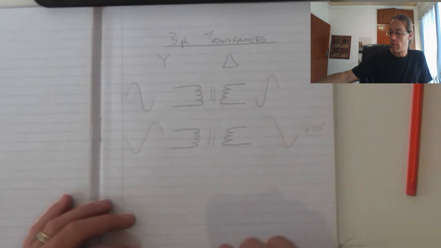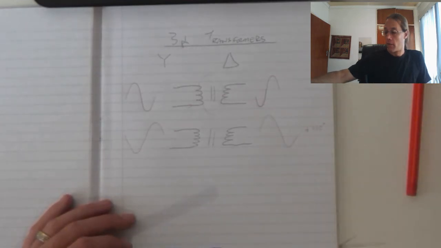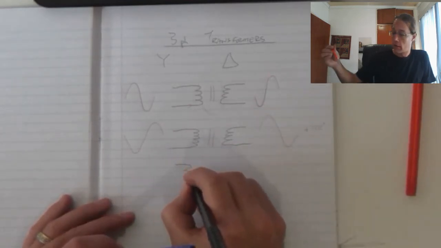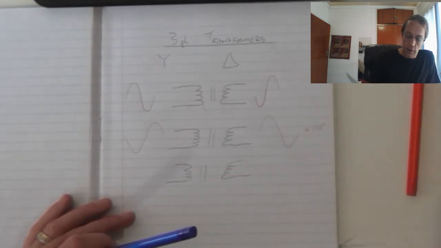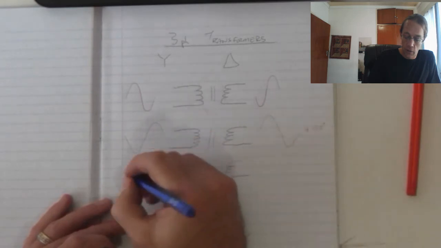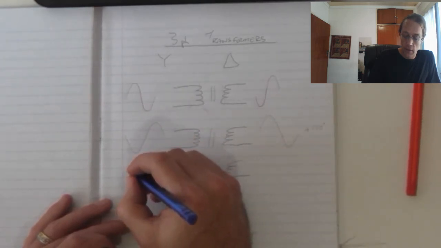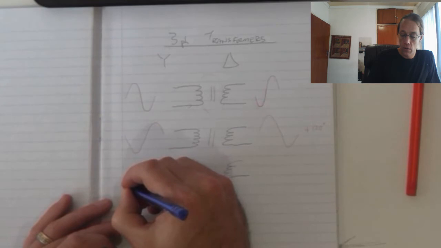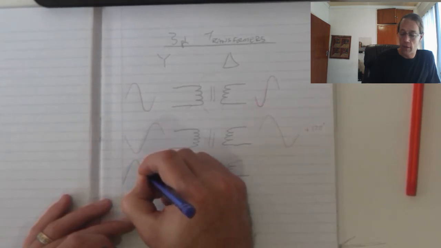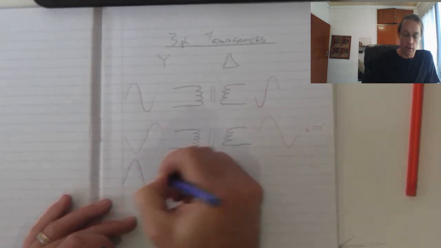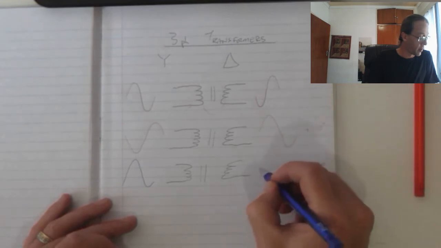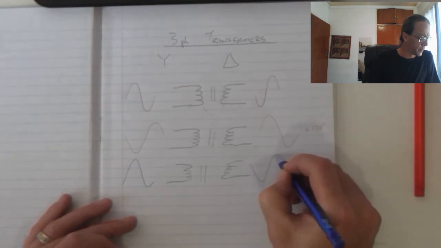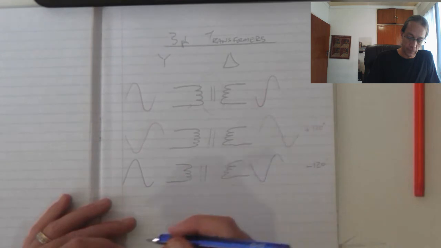My third phase, which is my blue phase, will do the following. I'll have my primary turns and my secondary turns, and again I will have my sine wave with a 120 degree phase shift over there, and as a result I will have that on my output.